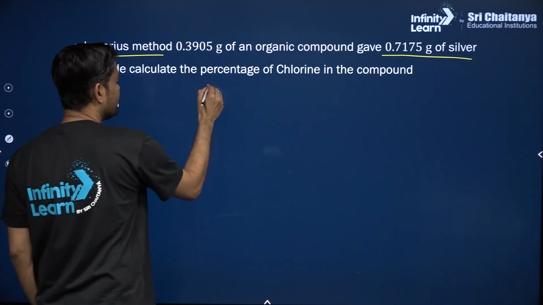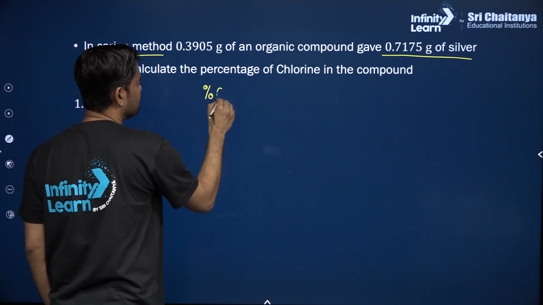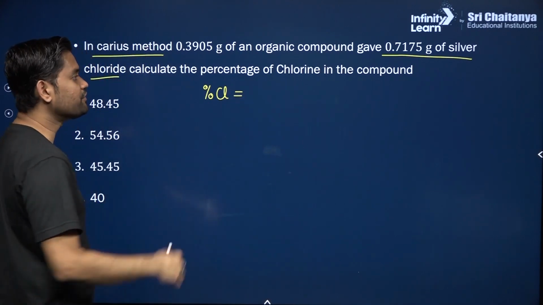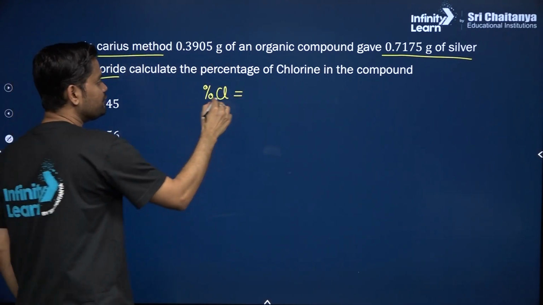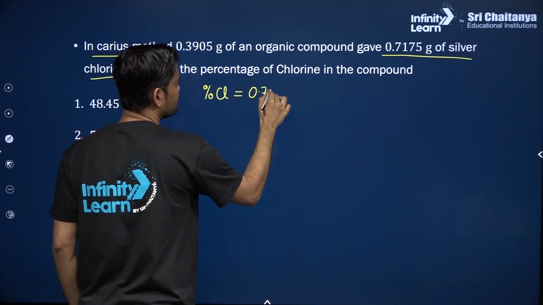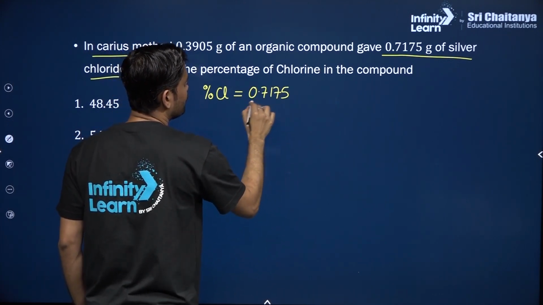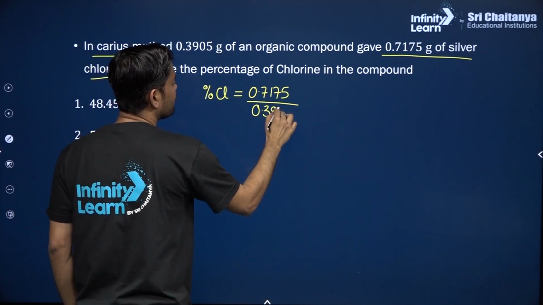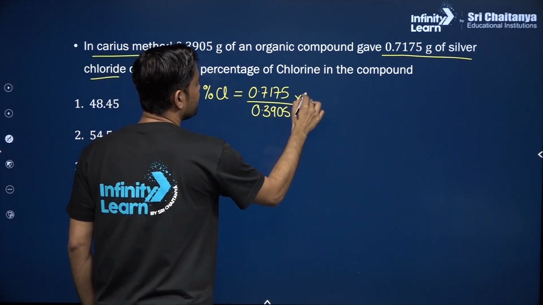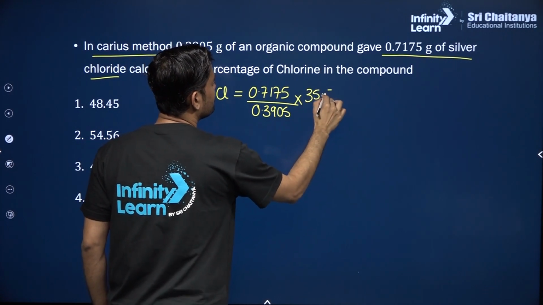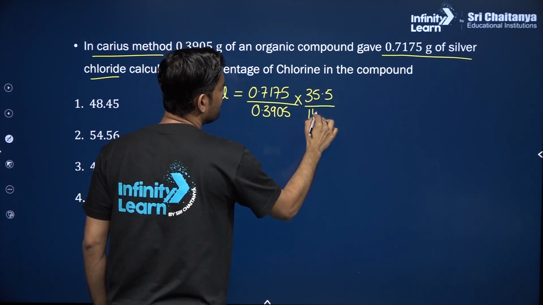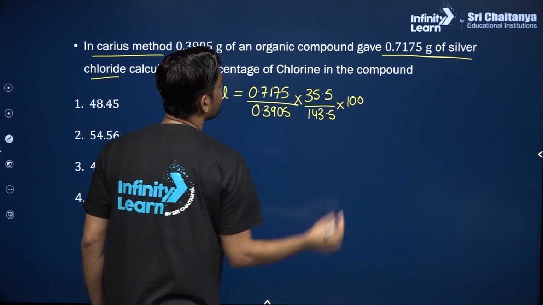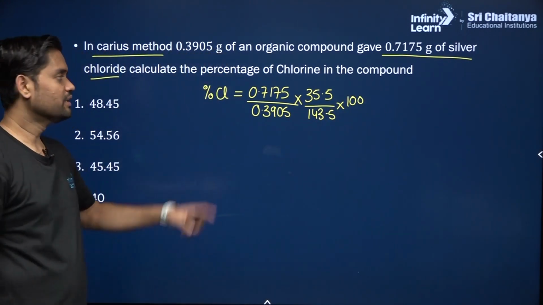So percentage of chlorine will be equal to weight of silver chloride, that is 0.715, divided by weight of substance, that is 0.3905, into 35.5 divided by 143.5 into 100, that is the atomic weight of chlorine and molecular weight of silver chloride.